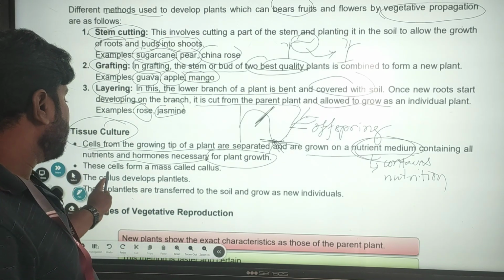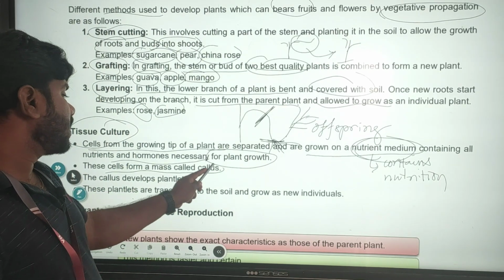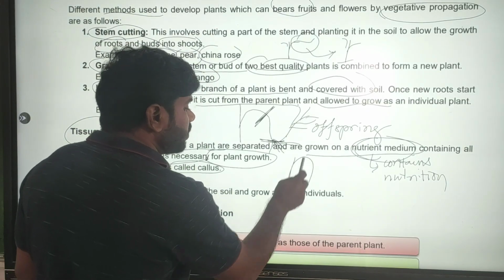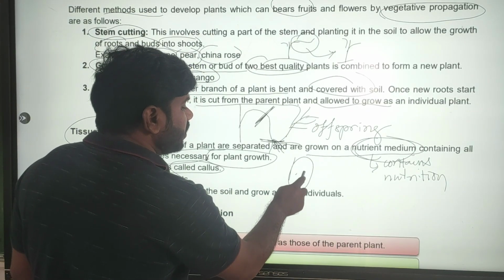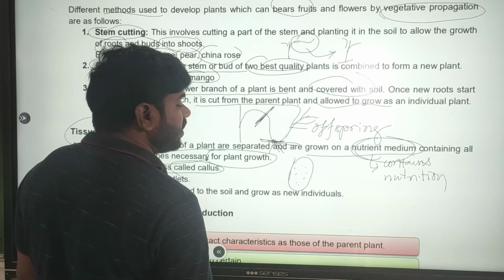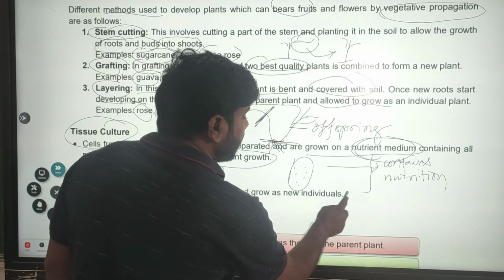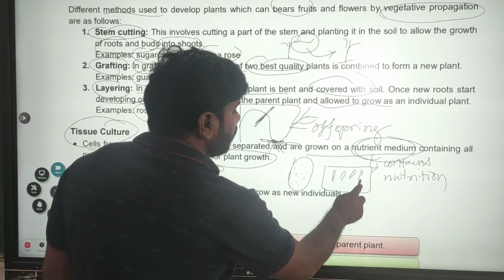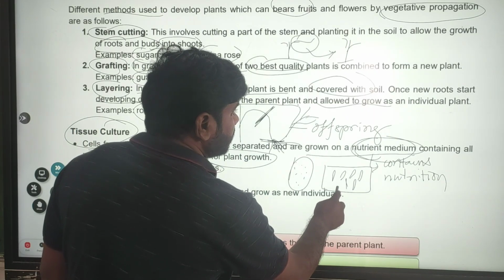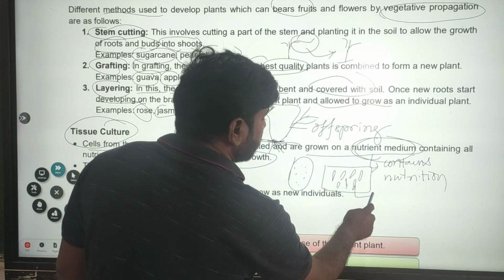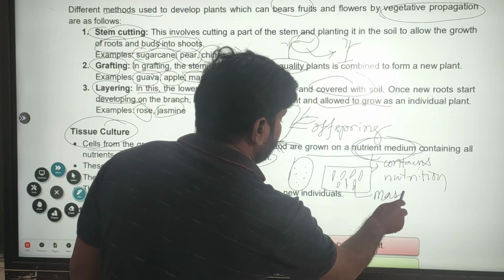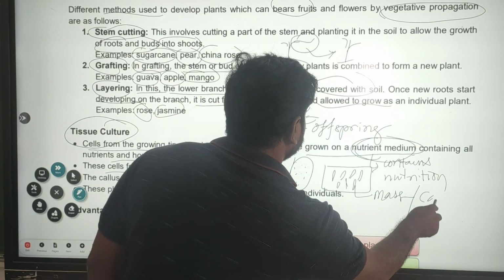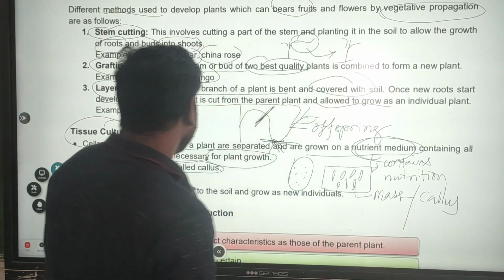Okay, these cell masses are called callus. So this is a support, this is the nutrient medium. In this nutrient medium, cells are being placed. Whenever these cells grow, they will grow into small plants, which we call a mass, or callus.